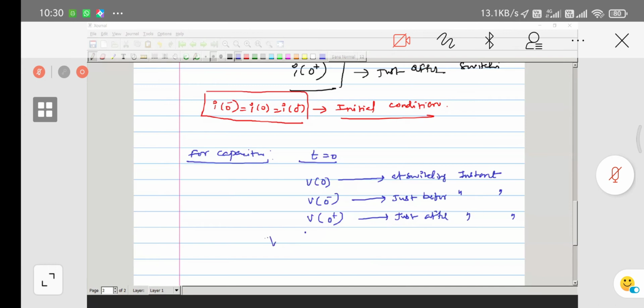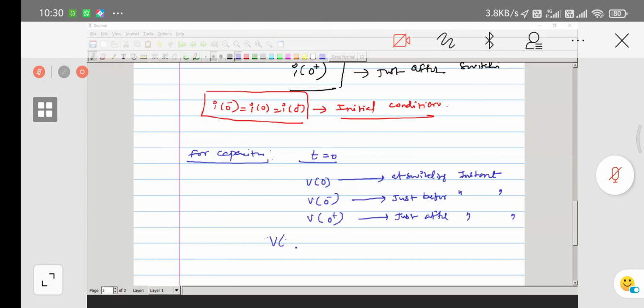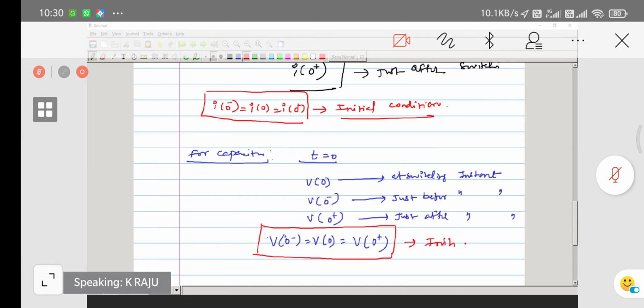V0 minus, V0 and V0 plus are all equal. These are called the initial conditions of your capacitor.